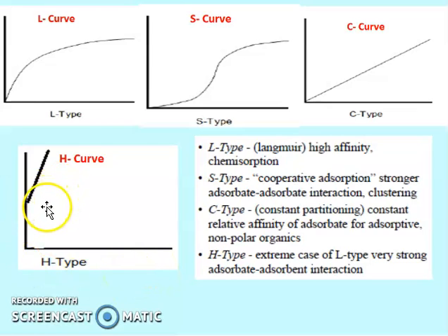Again, we are plotting the adsorption isotherm. If you plot the concentration at equilibrium and the quantity of material adsorbed, you will get four most popular shapes: L curve, S curve, C curve, and H curve. The H curve means high affinity, a very strong adsorbate-adsorbent interaction.